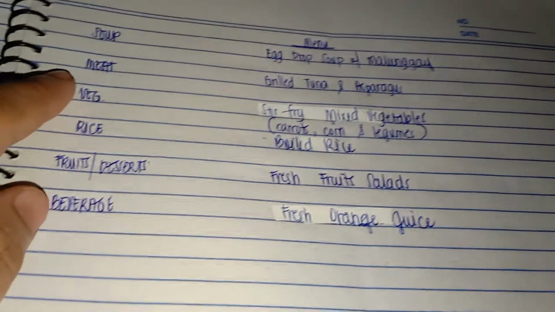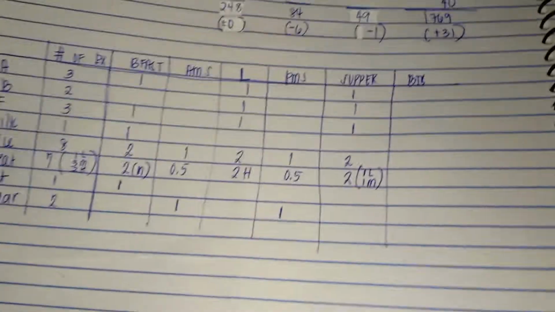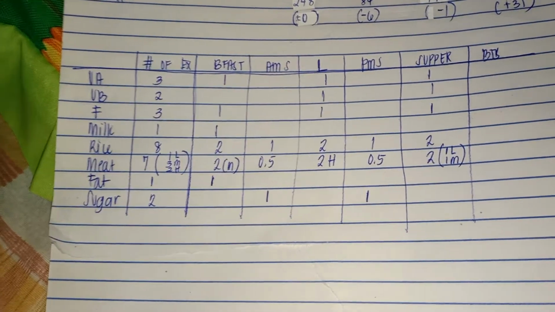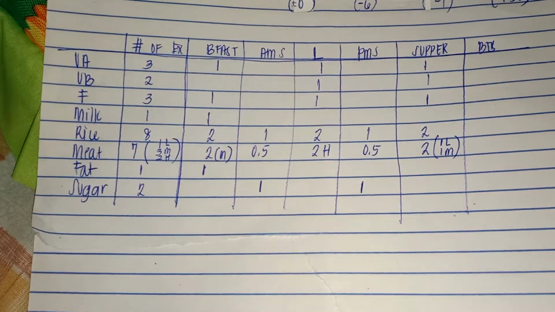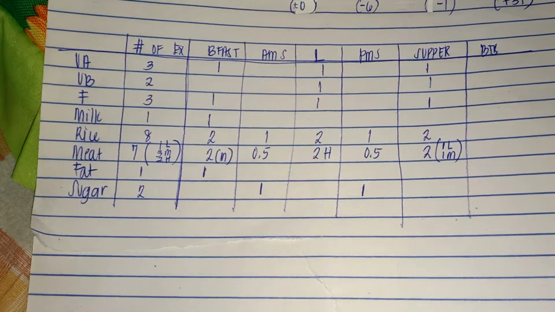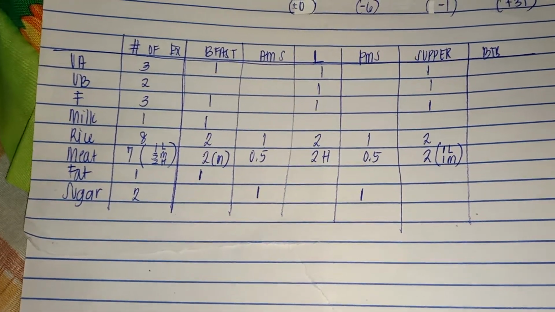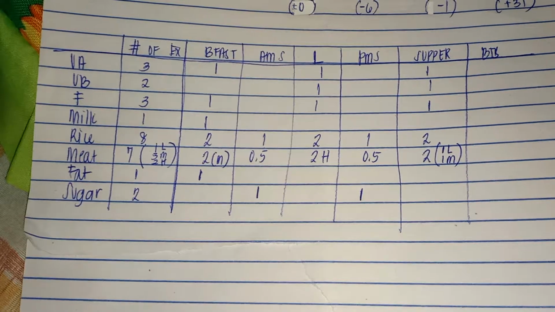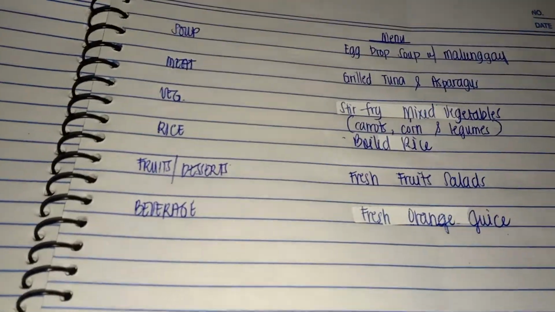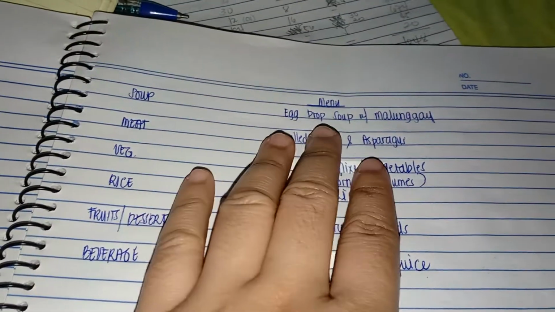Okay. So, first, as you can see here sa ating exchange list, we have 1 vegetable A for lunch, 1 vegetable B for lunch, 1 fruit exchange, 2 exchanges of rice, and 2 exchanges of high-fat meat. So, dito sa soup natin, we already have egg drop soup with malunggay.